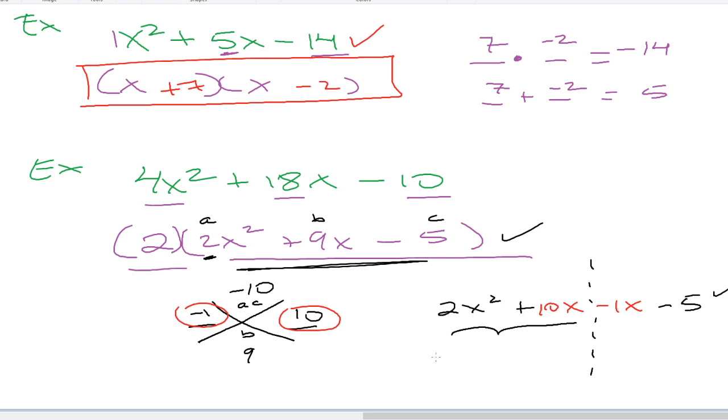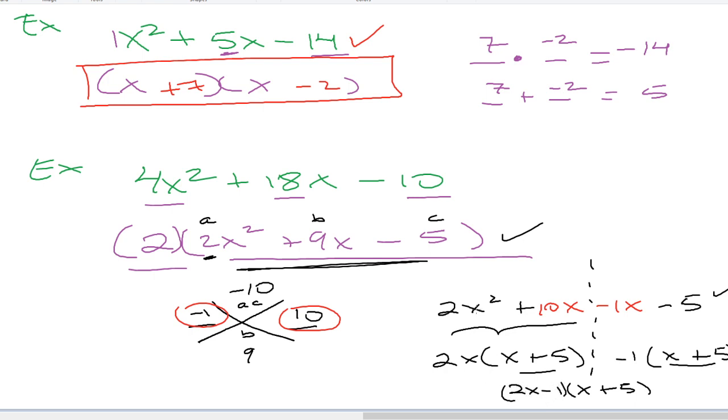So common factor of these two is 2x times x plus 5. Over here we have negative 1 times x plus 5. So common factor is x plus 5, and we have 2x minus 1.